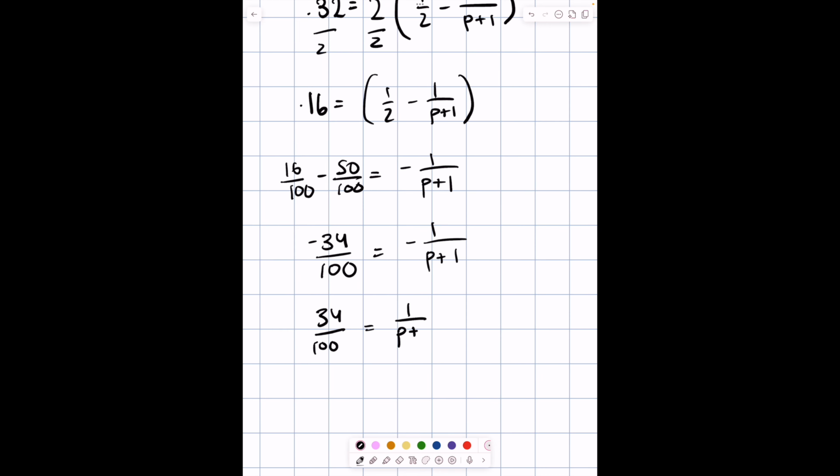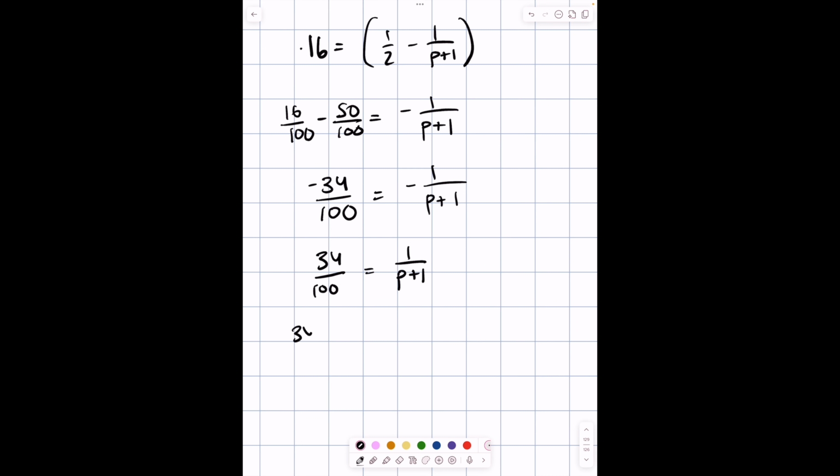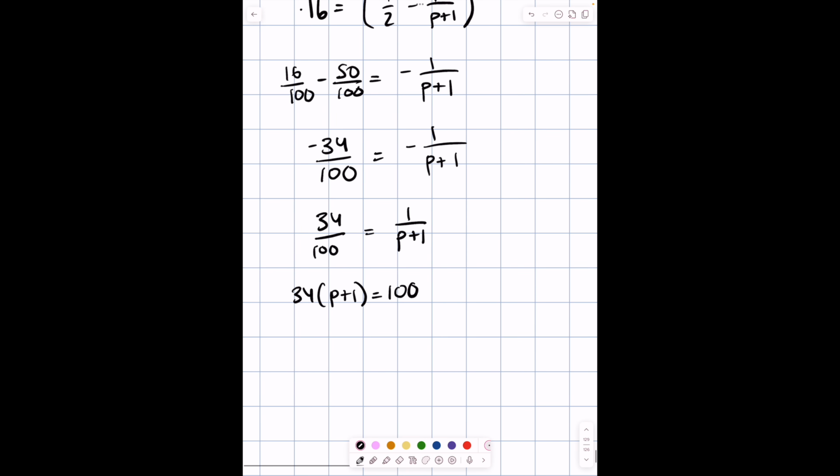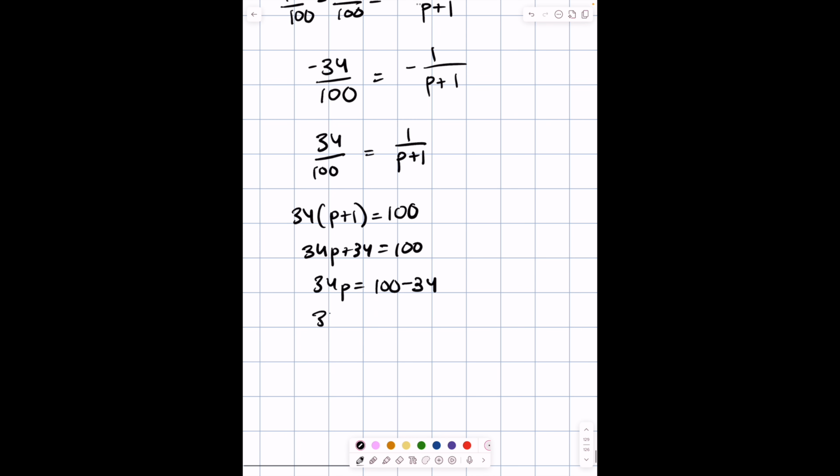I get this. Cross multiply. 34p plus 34 is equal to 100. 34p is equal to 100 minus 34, which is 66, I think. Yeah, 66.